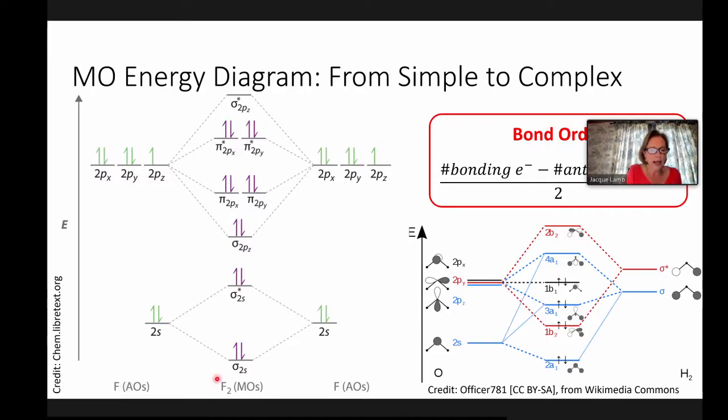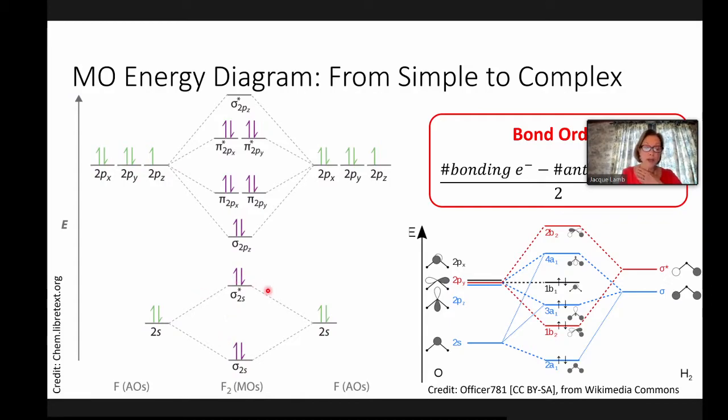What we have on this side is one fluorine atom, and in green you see the electron configuration of that fluorine atom. On the other side, you see a second fluorine atom in the molecule, and in green you see its electron configuration. We skip the 1s because the 1s, by the way, looks very similar to this. It's just lower energy.